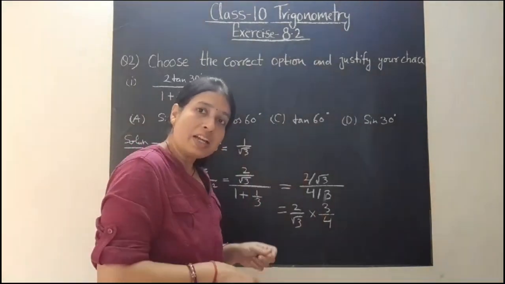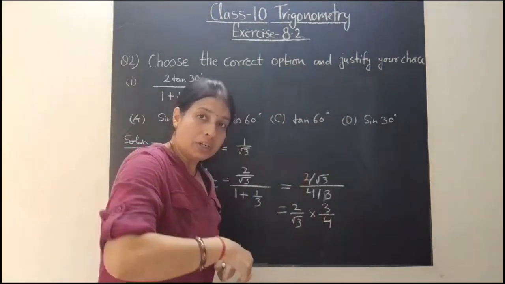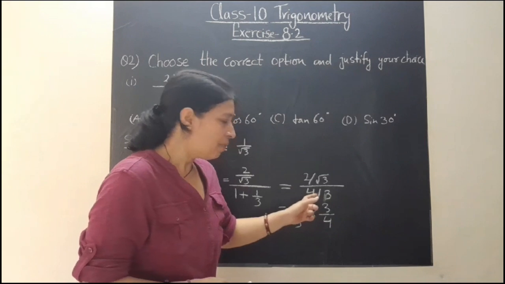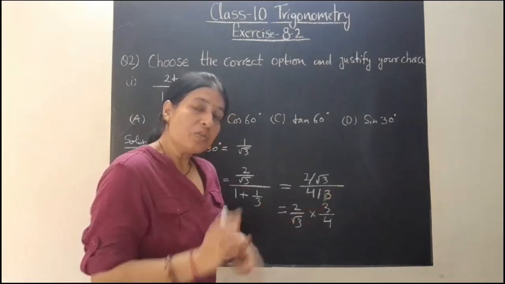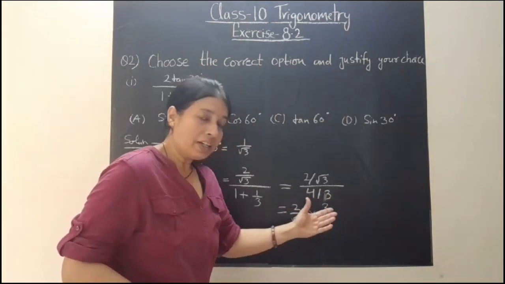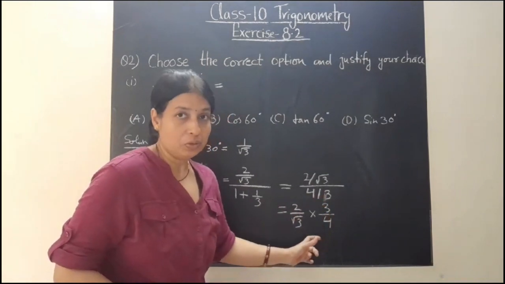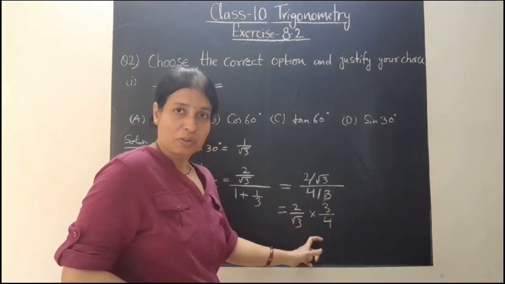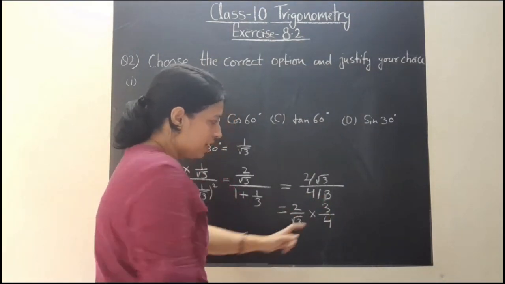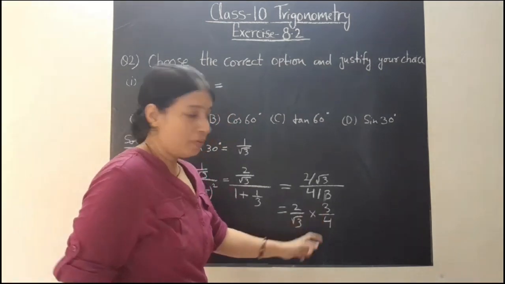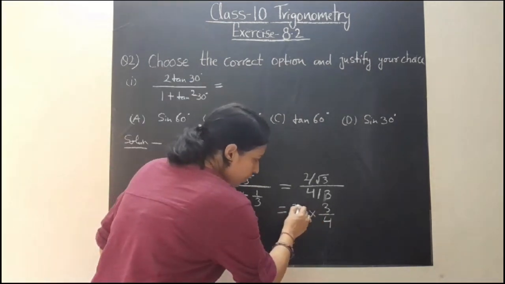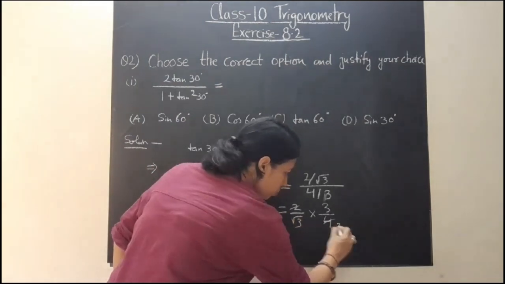फ्रैक्शन के डिवीजन में क्या होता है, सेकेंड फ्रैक्शन का उल्टा करते हैं. So here it is given divided by 4 by 3. सो 4 by 3 को हम उल्टा करेंगे तो क्या आएगा 3 by 4. सो मल्टीप्लाई करेंगे 3 by 4 से. सो 2 by root 3 is multiplied here 3 by 4. So here 2 2 ja 4 2.